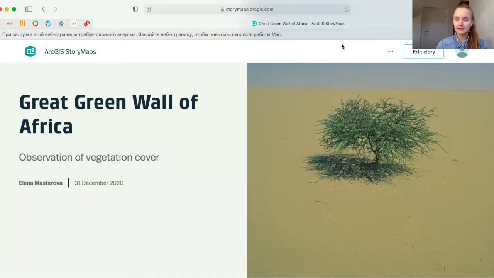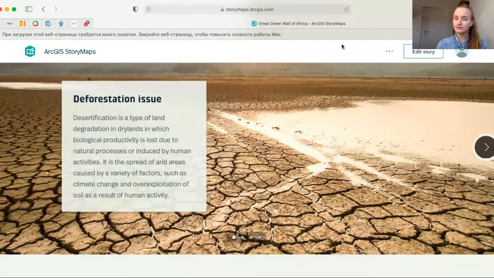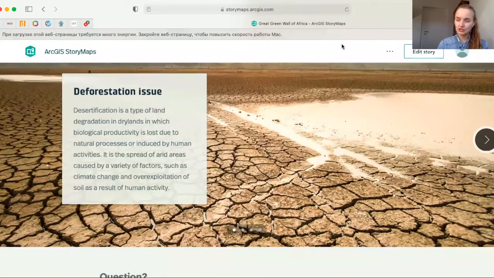Let's start. First of all, the deforestation or desertification issue is a very important issue of modern society.